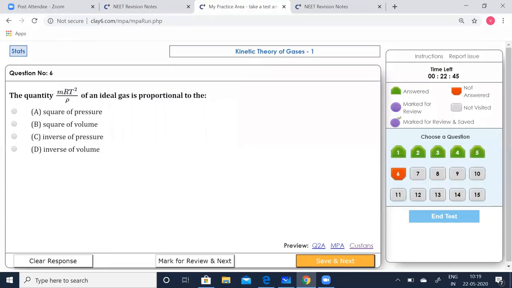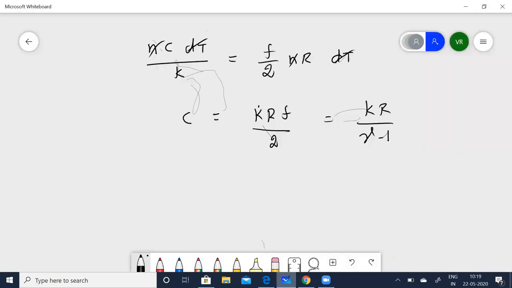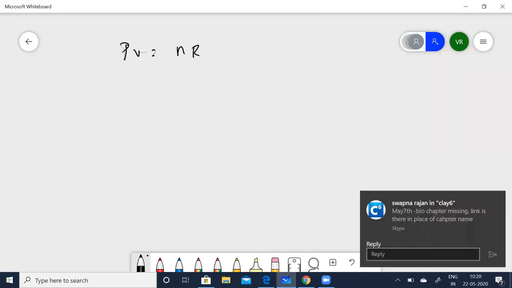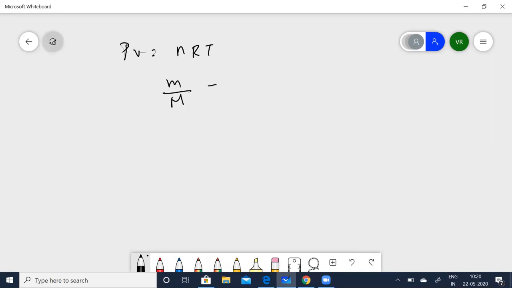The quantity mRT squared by rho of an ideal gas is proportional to: square of pressure, square of volume, inverse of pressure, inverse of volume. Let's quickly solve this. Now, you know PV is equal to nRT, and m by M is equal to n, where small m is the mass in grams and capital M is the molar mass.